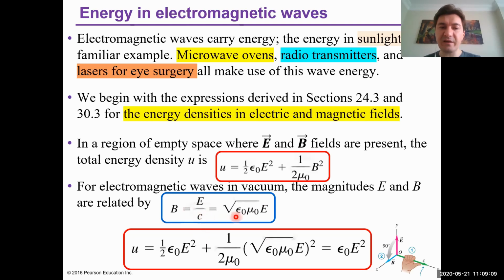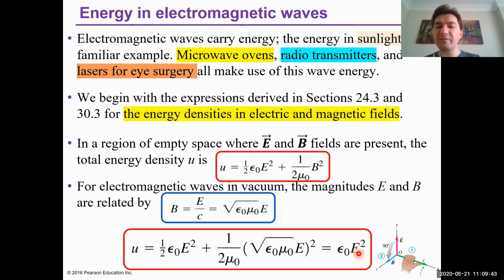Instead of 1 over C, I can use this one. So take this B, put it here, and finally I have that expression for the total energy density of the electromagnetic wave: 1/2 epsilon 0 E squared here, and this expression here. If you solve it, you can find this solution.